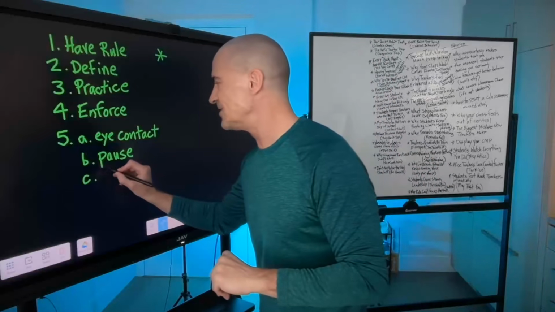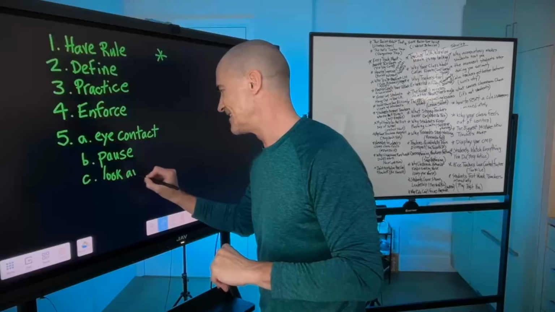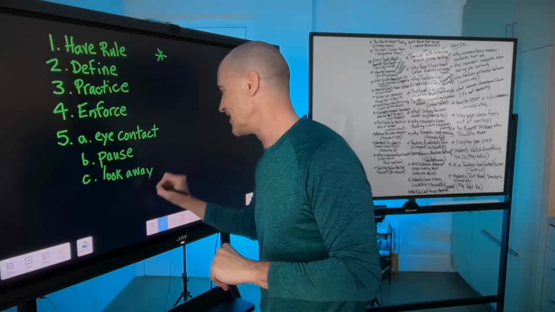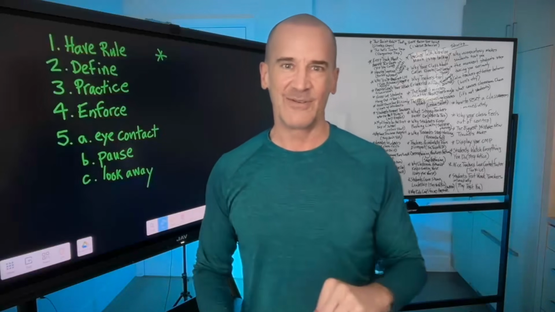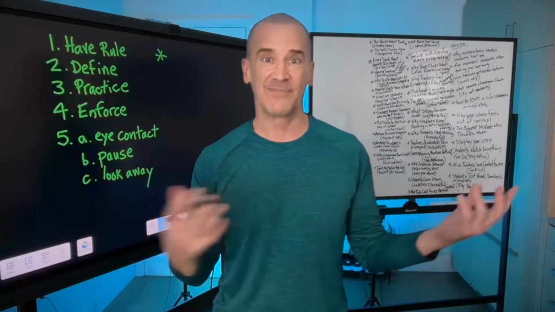Third thing, really important, is that you're going to look away from that student. This puts it at an even higher level because they really want to participate, right? Not everyone can participate every time.